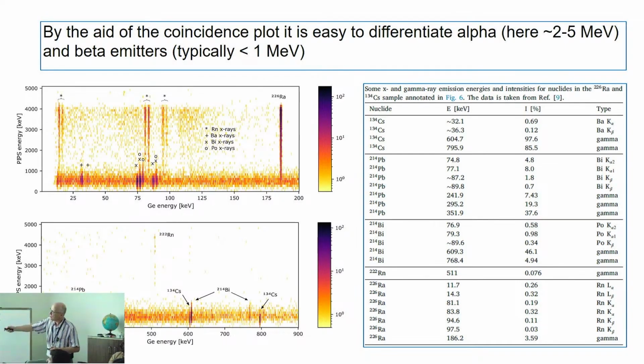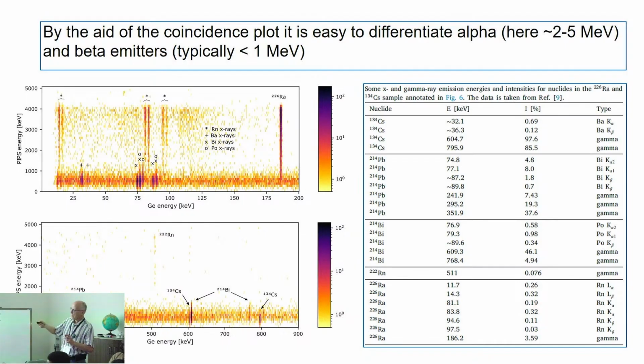But now you can see here, this is gamma energy here, and this is alpha energy in the vertical axis. Now these are not spectra, but we put color signal. How many alphas or gammas we detect?